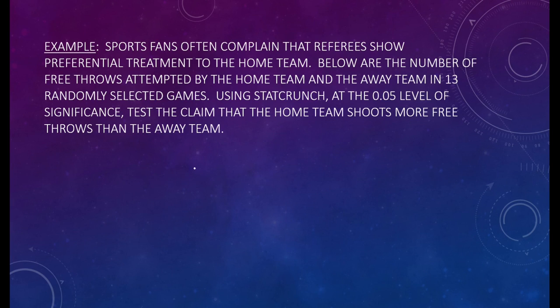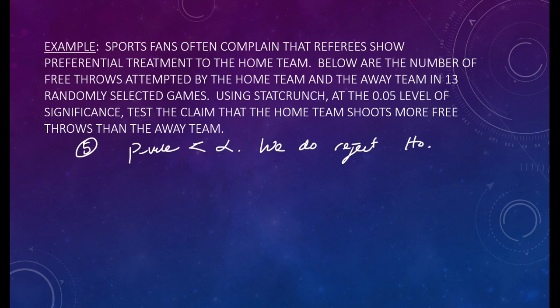In step 5, I'm going to ask the same question that I always ask. Is the p-value less than alpha? Is 0.0198 less than 0.05? Yes, it is. So we do reject the null hypothesis. There is enough evidence to conclude.